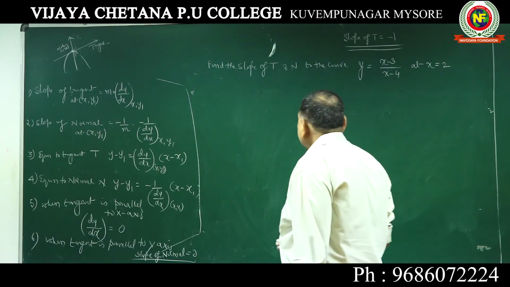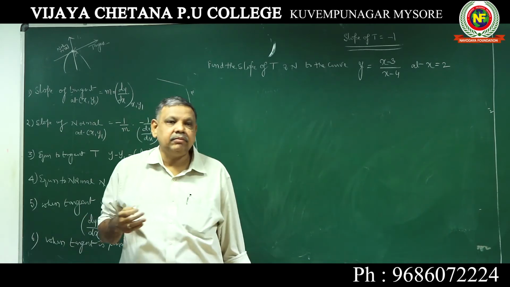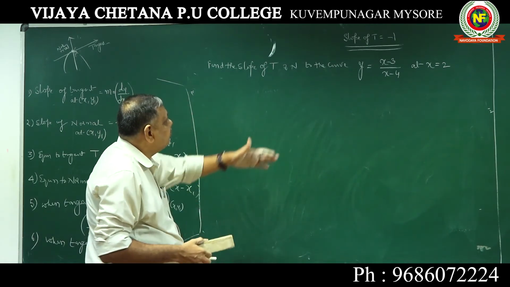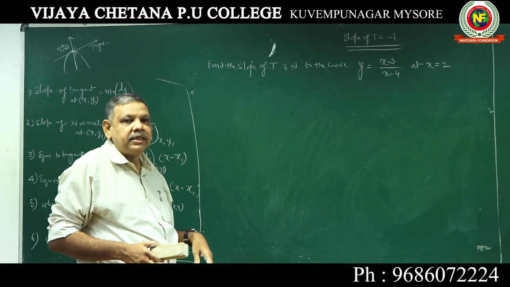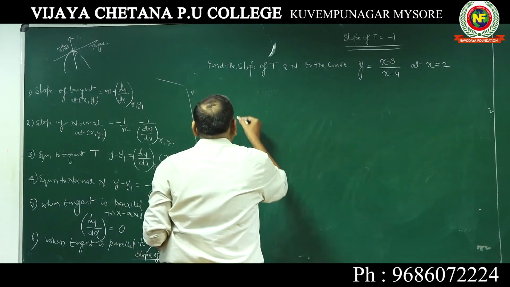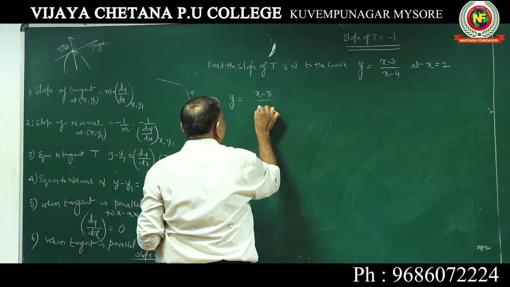So now you take this curve and differentiate dy by dx. Once you differentiate, afterwards put x equal to 2, you will get slope of tangent; minus 1 by dy by dx, you will get slope of normal. y is equal to (x minus 3) by (x minus 4).